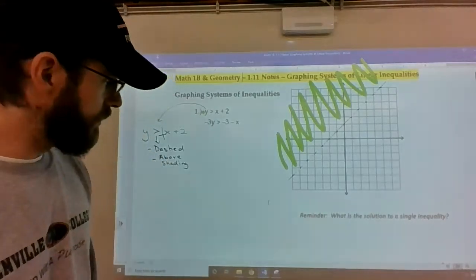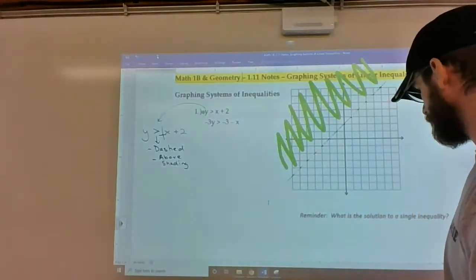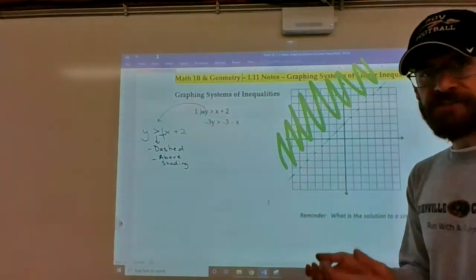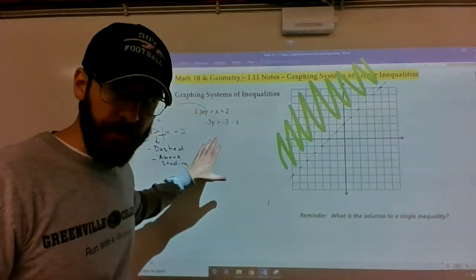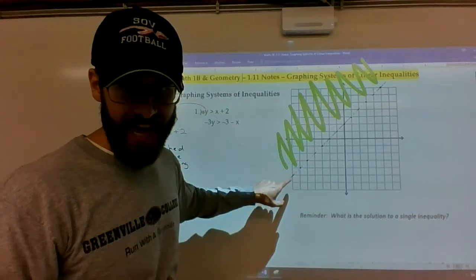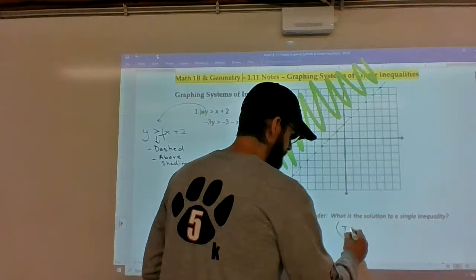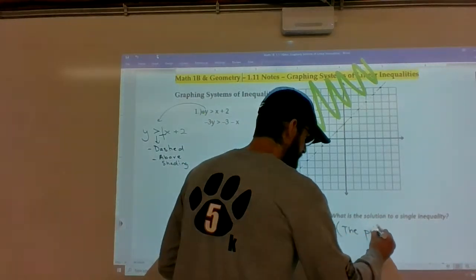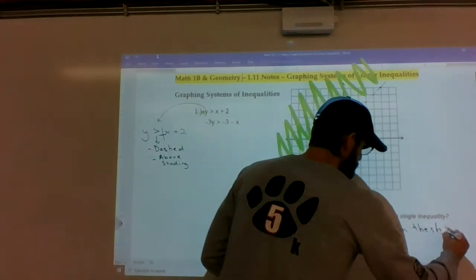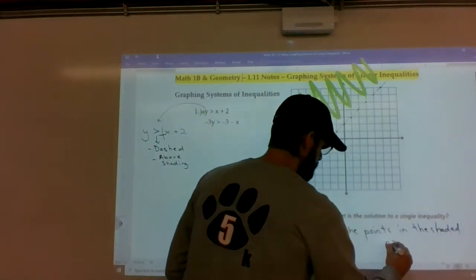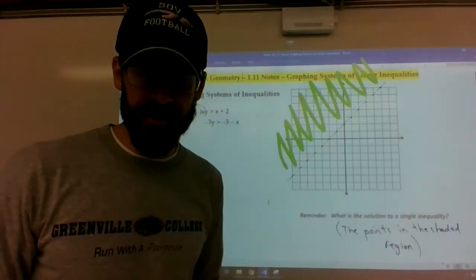Now, if you recall, the solution to a single inequality are all the points above the line or below the line, including if it's greater than or equal to, or excluding if it has the dash. The solutions are the points in the shaded region.